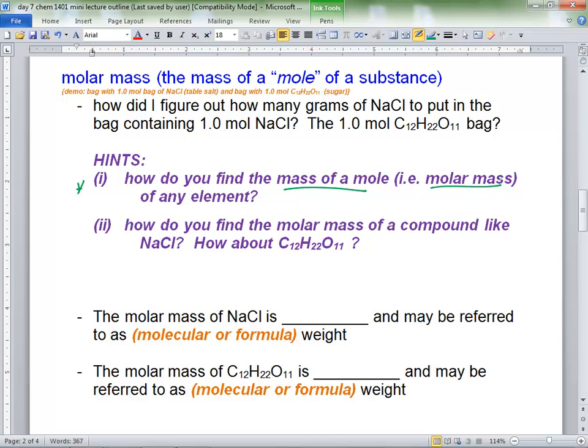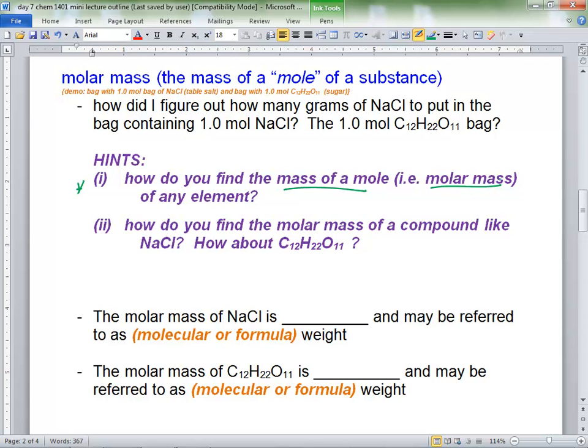So sodium chloride, right? The sodium is 22.9898. But I don't want just sodium. I want sodium chloride. I want 1 mole of sodium chloride. The chloride is 35.45. So how would I get the molar mass of the whole thing? Just add them up. That's all we're going to do.